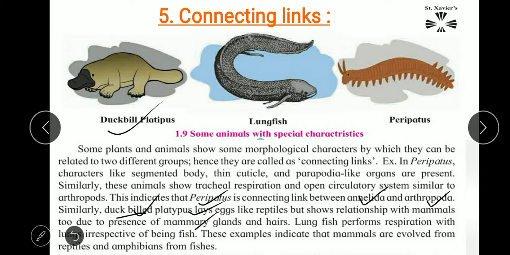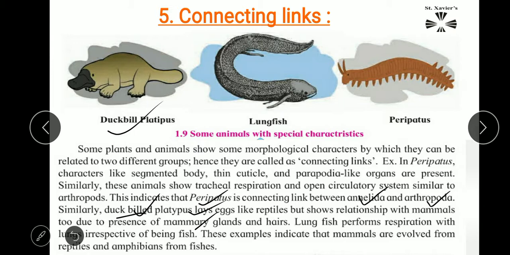What is a mammary gland here, students? A mama feeds her children milk with the help of the mammary gland. In the same way, this mama duckbill feeds her new ones, her offspring, milk by mammary gland, and this property matches with the mammals, students.